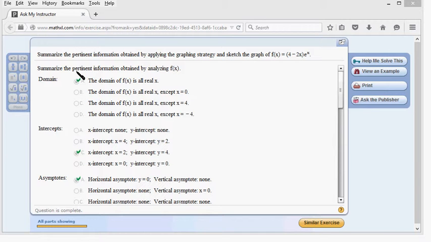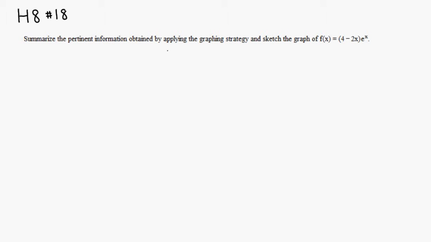Alright, so let's find the intercepts. If you want to find the y-intercept, then what you need to do is set x equals 0, which just means you plug in 0 for x.